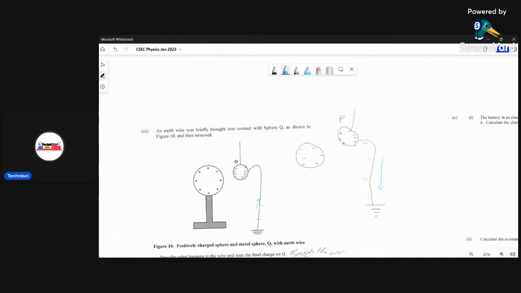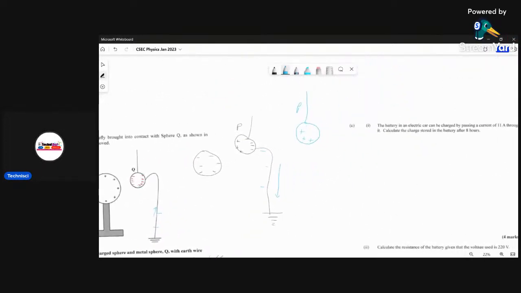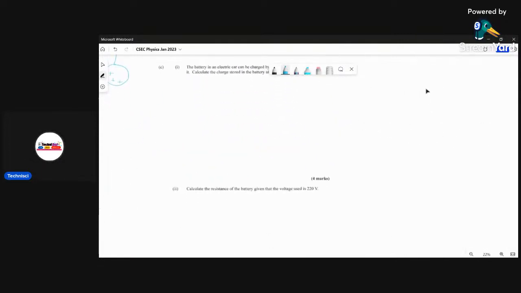When the wire is removed, P will now be positive, because it will have an excess of positive since the electrons that would neutralize it flowed down to Earth. Even though that wasn't a part of the question, I did it so that you could get a good understanding of that concept.